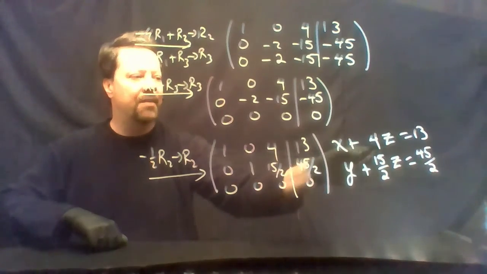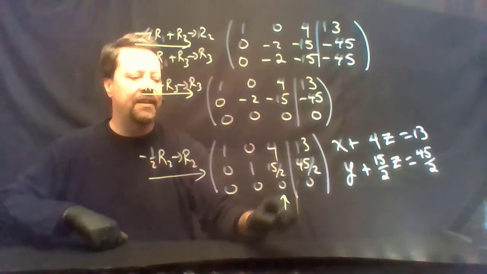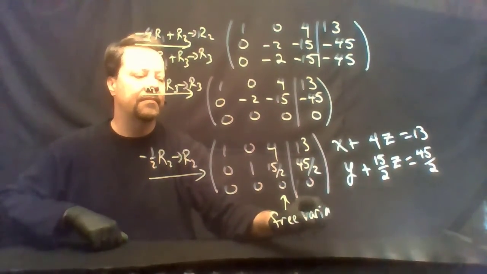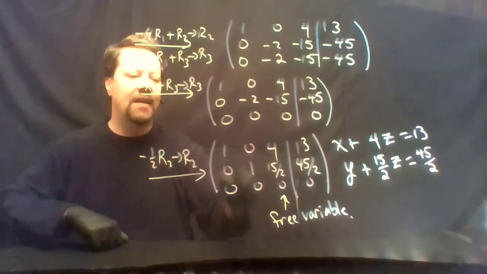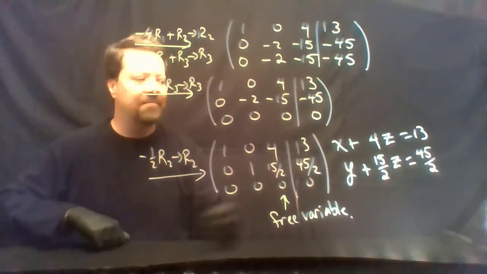X will be determined by z, y will be determined by z. Z is the free variable, whereas x and y will be determined and not free.